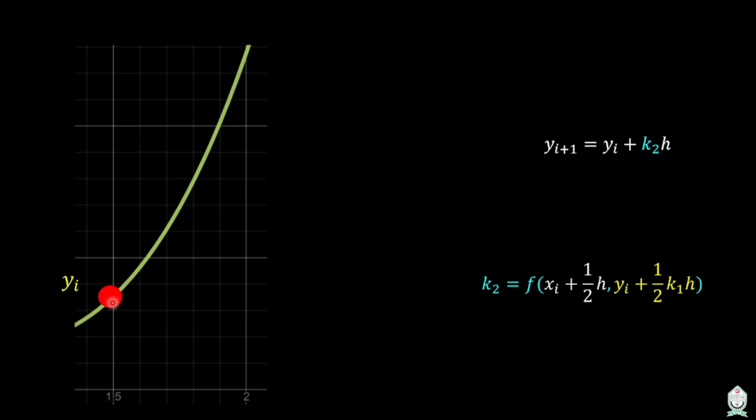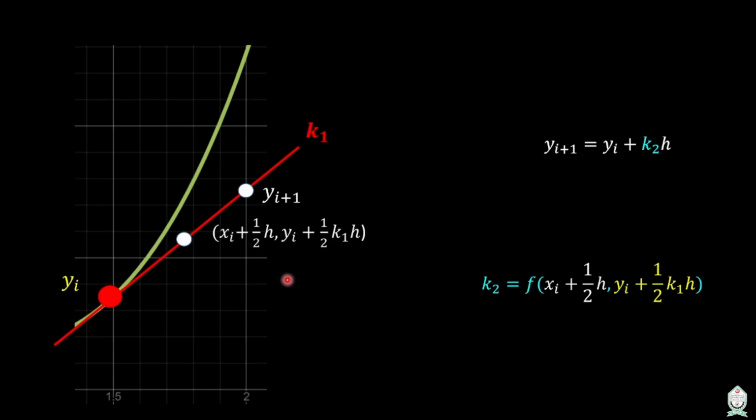As we know, if we draw a tangent at this point, the value of the slope will be k1, and if this was Euler's method, this point would be our next iterative point, as this is yi plus k1h, but we need this point, xi plus h by 2, yi plus half k1h. So this point has the coordinate of xi plus half h, yi plus half k1h.